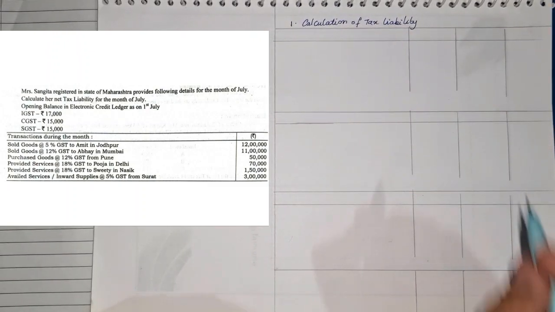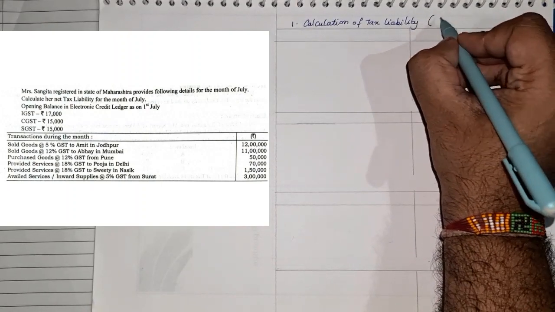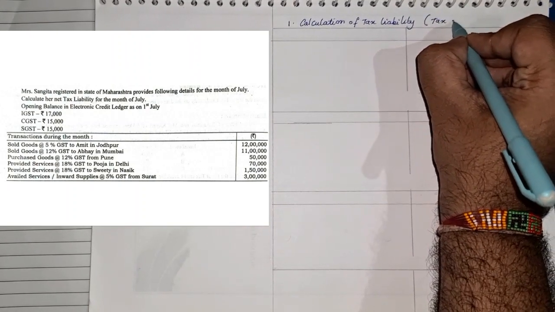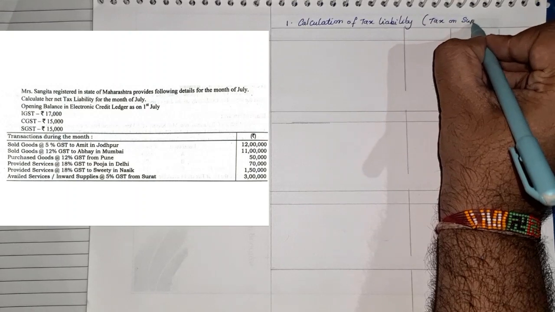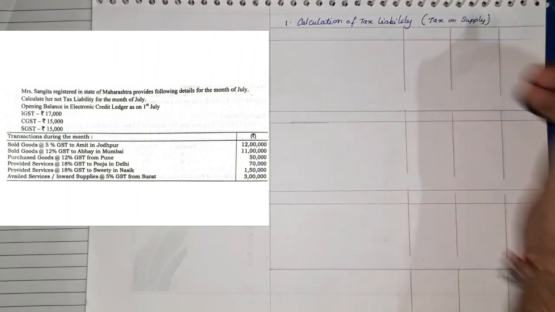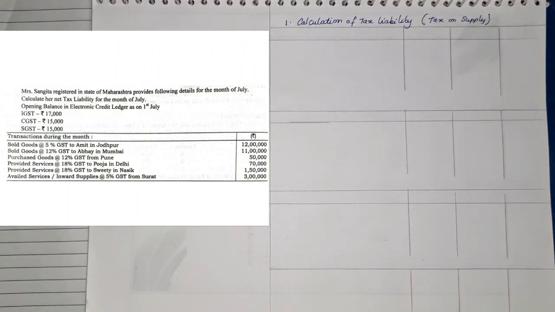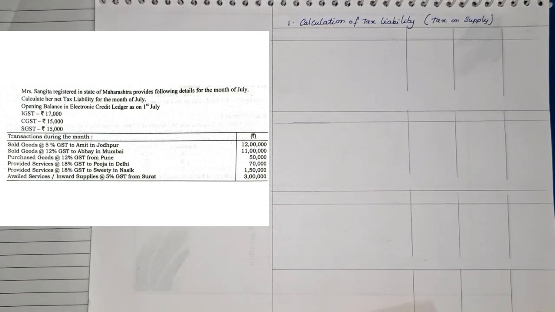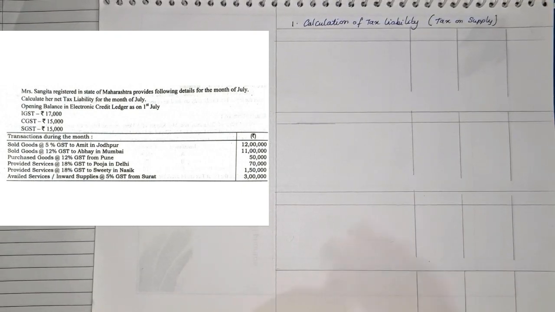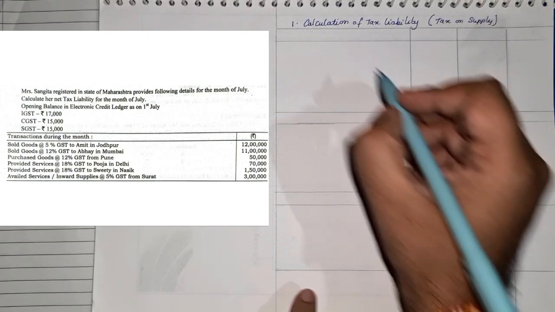Okay, calculation of tax liability. This is basically tax on supply, also known as outward tax. We are finding the tax which you are going to collect basically on supply. Whenever you are supplying, what is the tax that has been collected?